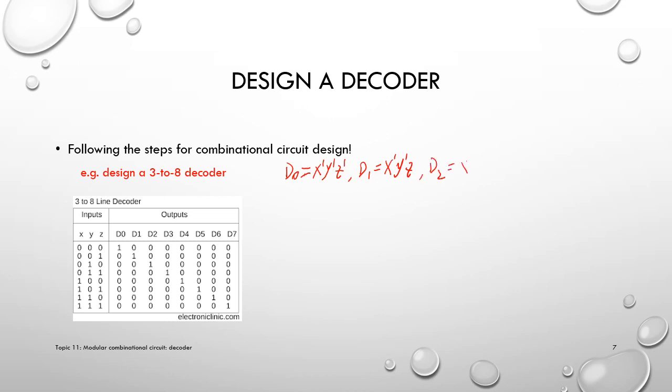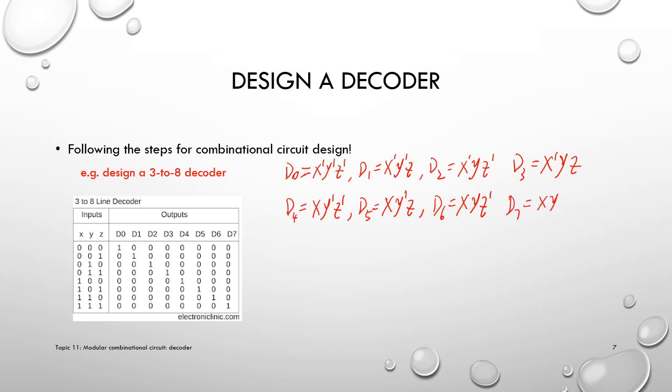D2 equal to x'yz', with z equal to 0. And D3 equal to x'yz. D4 equal to xy'z'. D5, xy'z. D6, xyz'. D7, xyz.